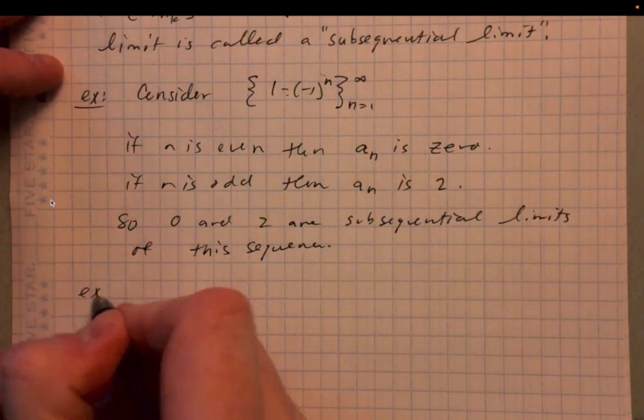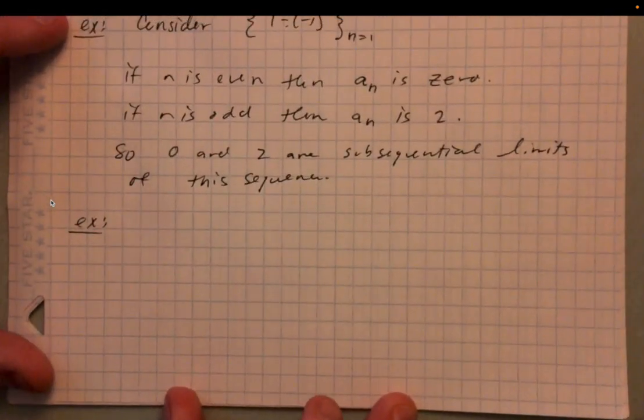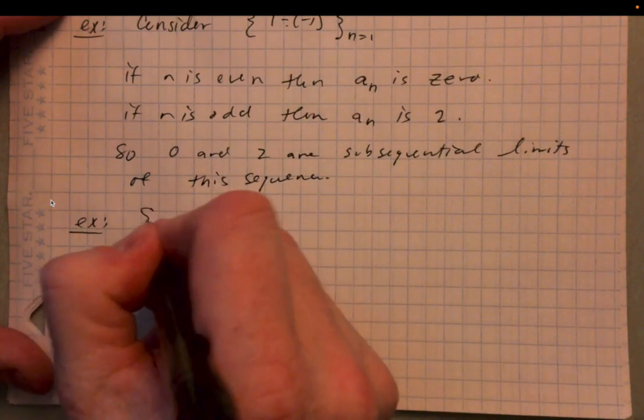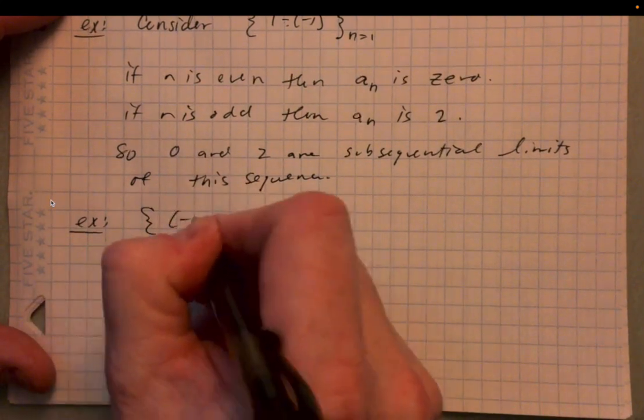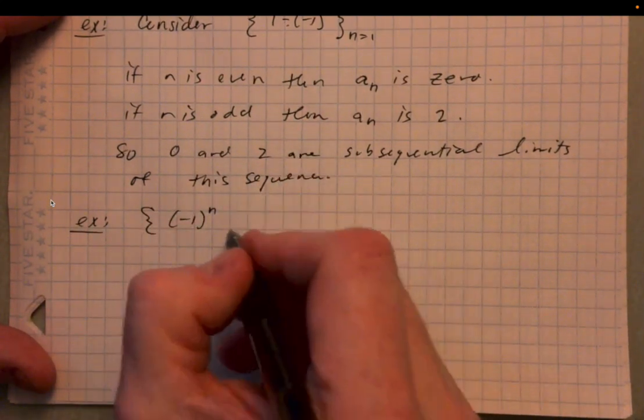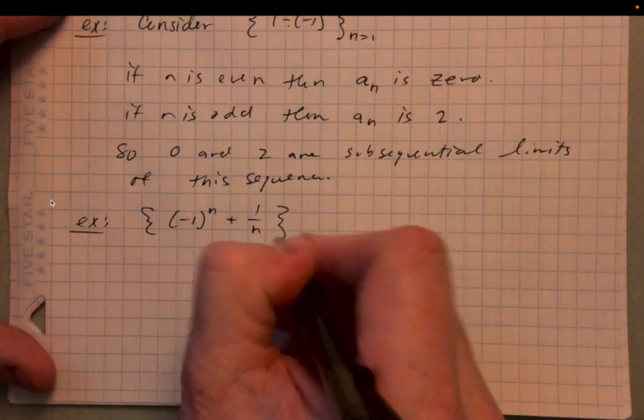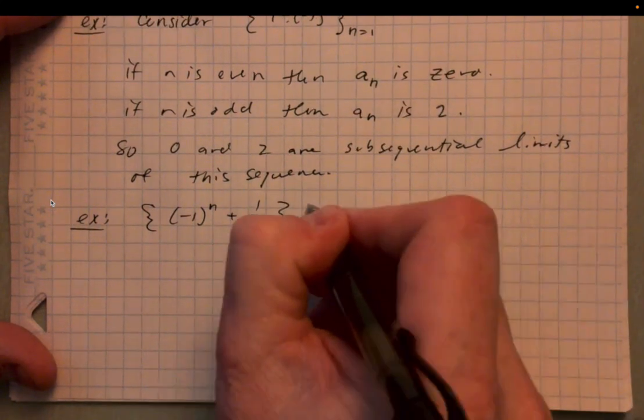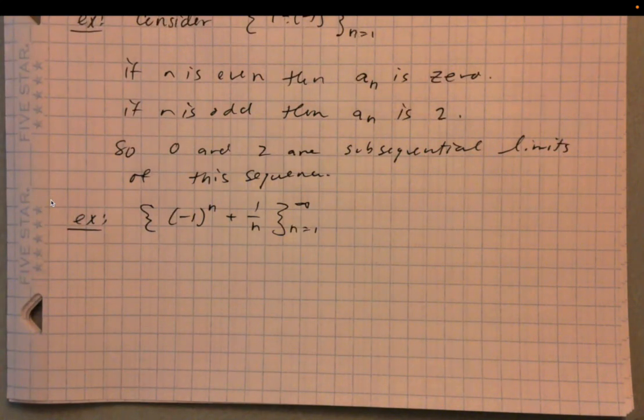Okay, so a nice simple example to look at. Another one's kind of similar, but maybe we'll explore this one with a little more depth. Let's consider negative 1 to the nth power plus 1 over n. Now let's think again about the even and odd subsequences.